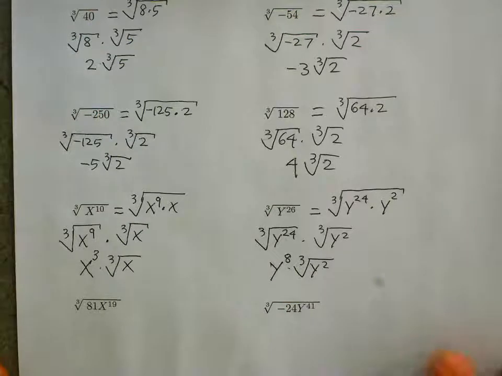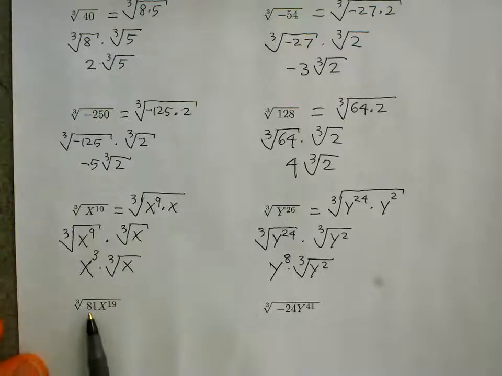Okay, now we'll do a mixture where we have cube roots of constants times variable parts. The cube root of 81x to the 19th. The largest factor of 81 that is a perfect cube is 27. 27 times 3 is 81. 27 is a perfect cube.